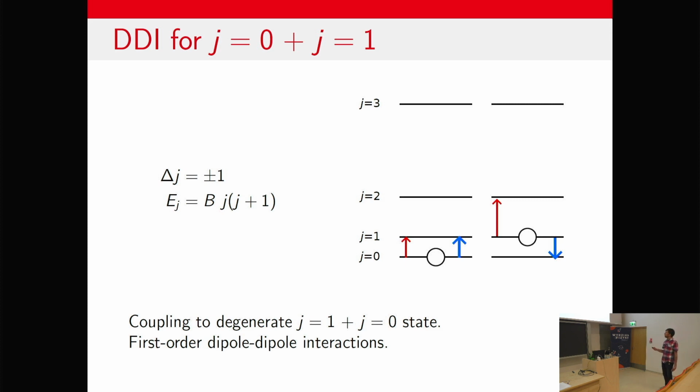But in fact, the other option is to excite the j equals 0 molecule to j equals 1 and de-excite j equals 1 down. So that actually doesn't change the energy. So this will give you an interaction not in second order, but in first order. You just get resonant dipole-dipole interactions. Okay, so this is well known. So people use this to access dipole-dipole interactions between molecules.